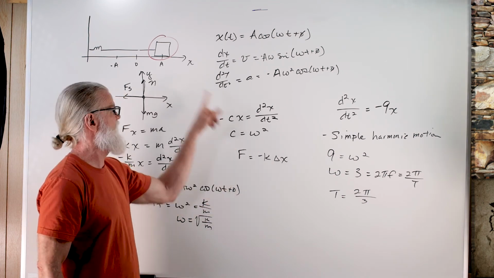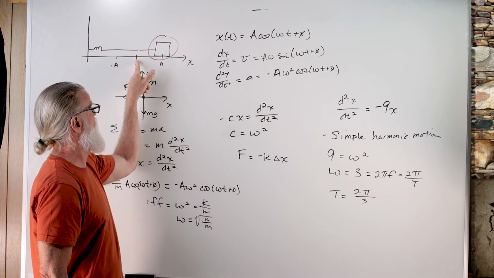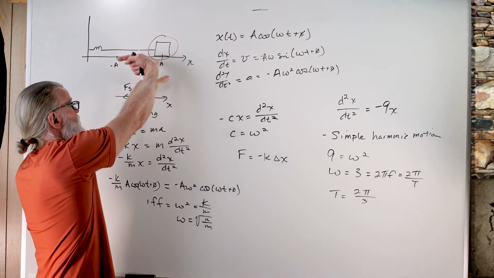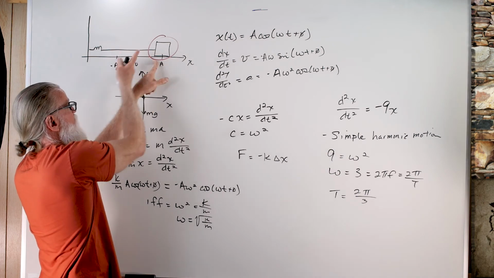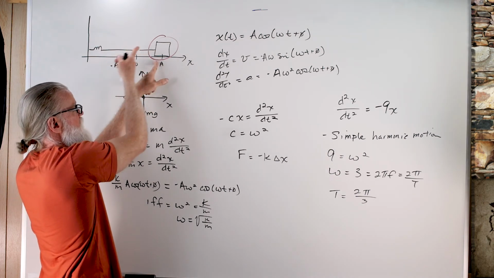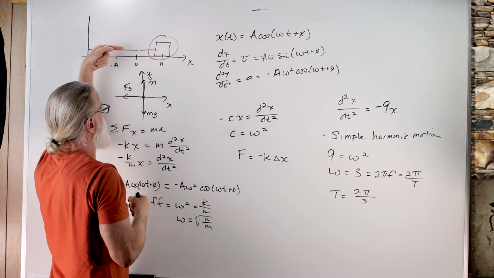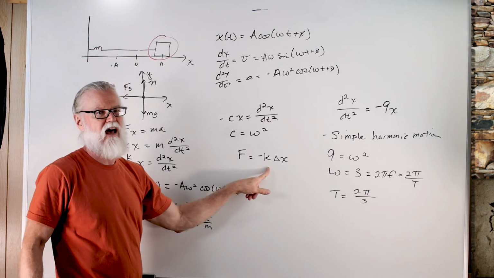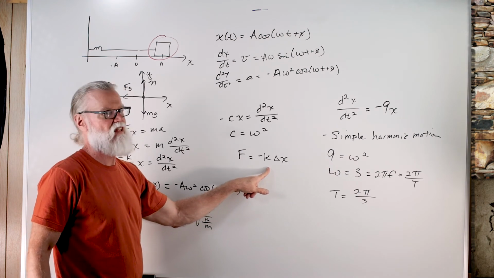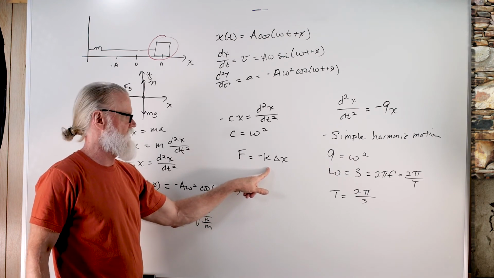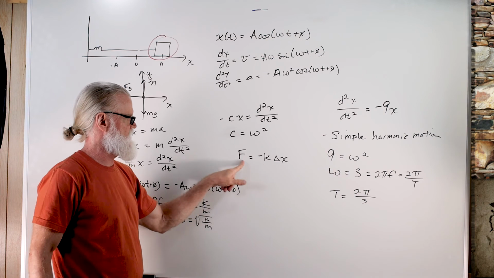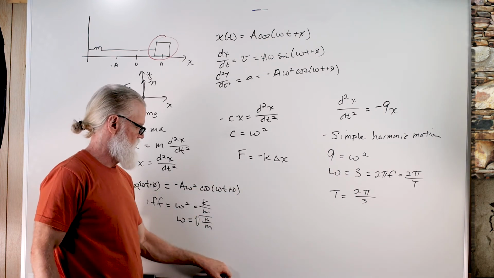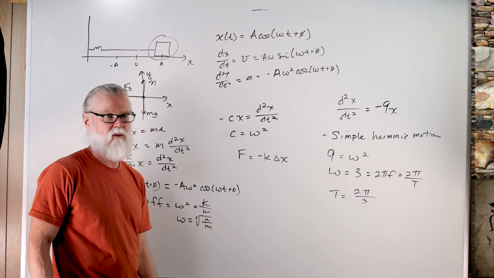And restoring means that whenever I move away from my equilibrium position, the force is always going to try and get me back to the equilibrium position. If I compress it, the force is this way, and if I stretch it, it's this way. That's what that negative sign is about. Linear because the force is directly proportional to the displacement in the opposite direction of the displacement.